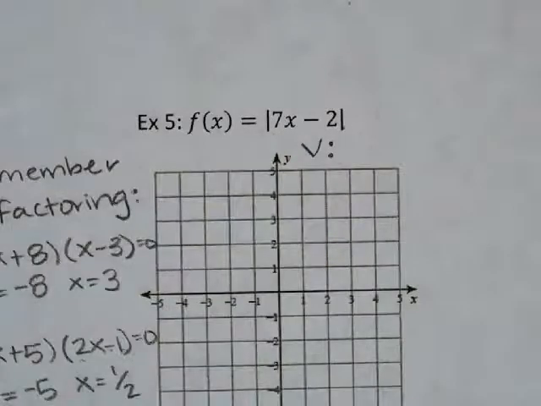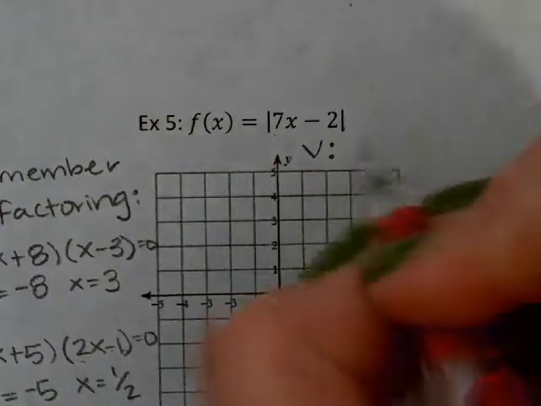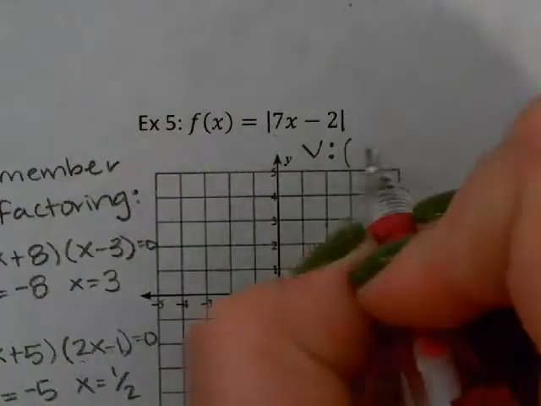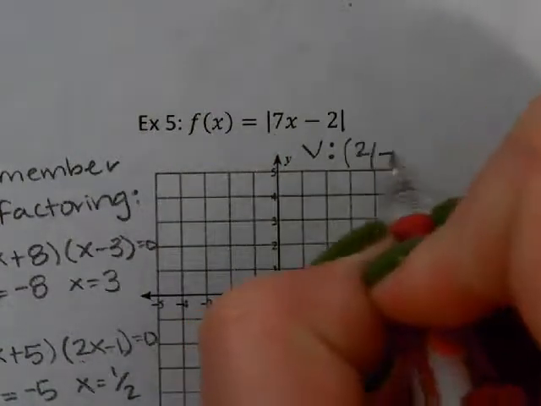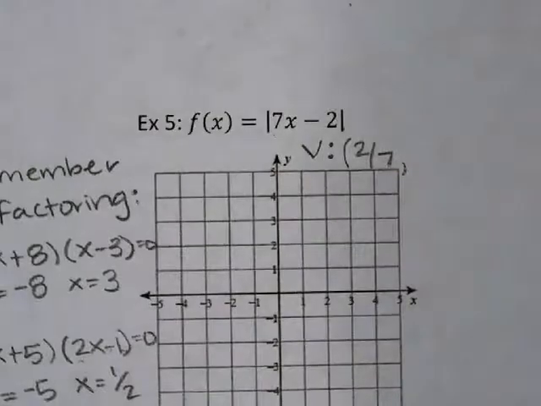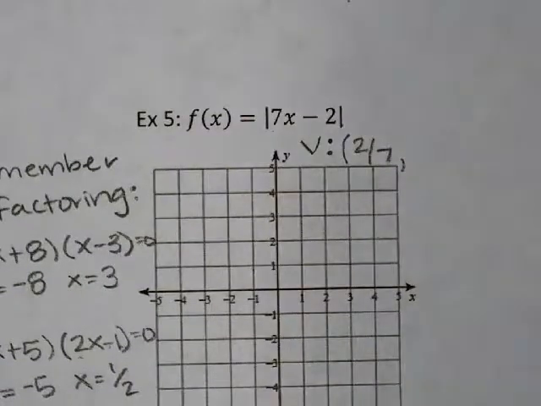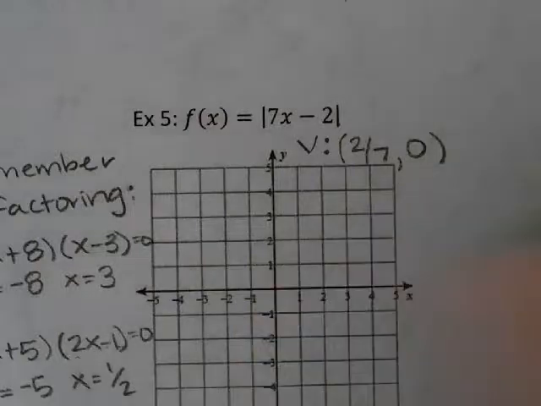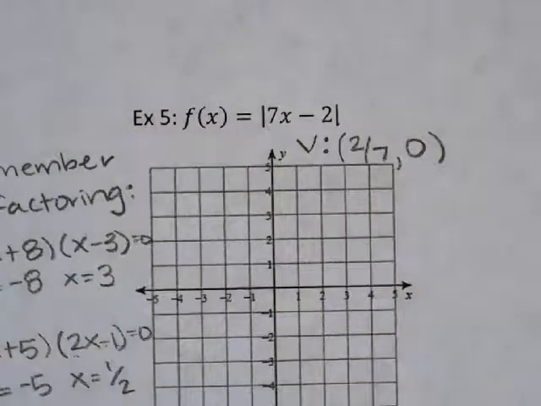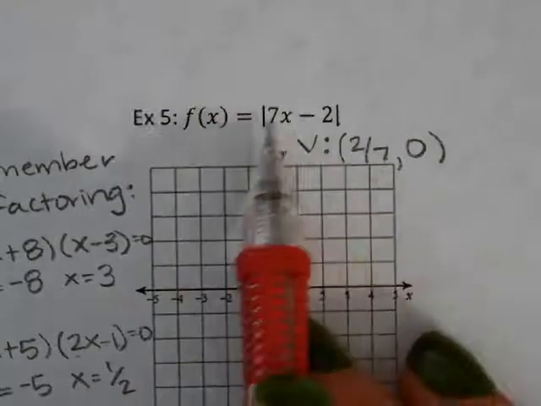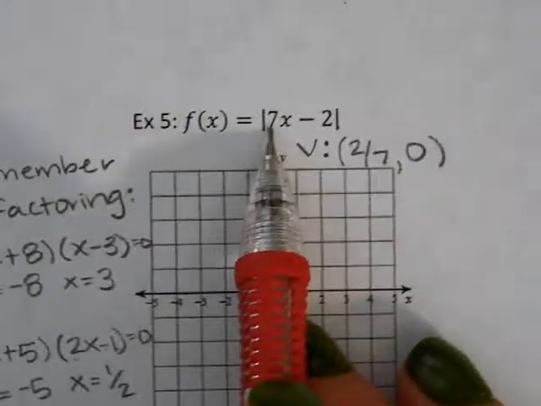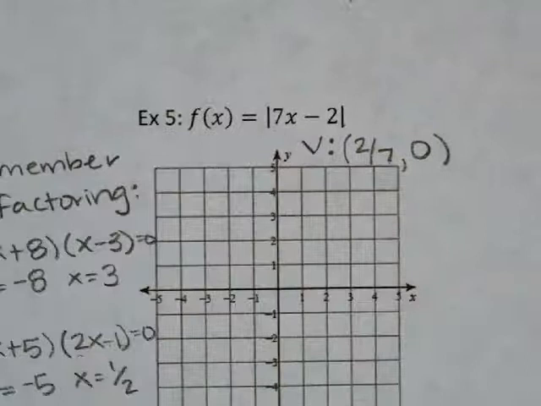Does anyone know what the y-coordinate would be? 0. Okay. Now this one is a little bit harder to graph because it does have a coefficient in front of the x, which we haven't had before. So our regular shortcuts as far as having a stretch or a compression or whatever, they don't work quite like we want them to.